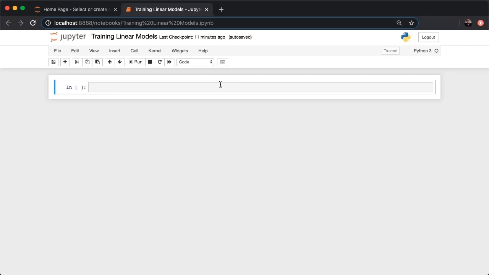Now, in the coming few lectures that have to deal with linear models, we will start by looking at linear regression models, one of the simplest linear models that exist. We will then discuss two very different ways to train it. The first one has to do with closed form equations that directly compute the model parameters that best fit the linear model to the training set, whereas the other one is iterative, and it is based on iterative optimization.